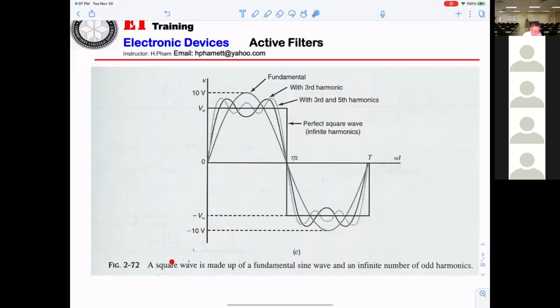So a square wave is made up of a fundamental sine wave and an infinite number of odd harmonics. Okay, so if you get a 1 kilohertz fundamental, then the third harmonic will be 3K, the fifth harmonic is 5K, and so on.